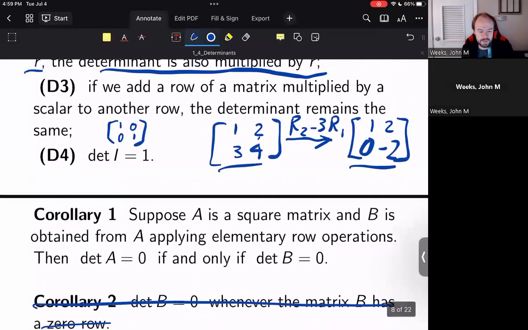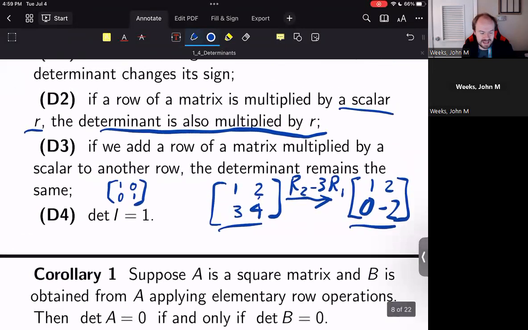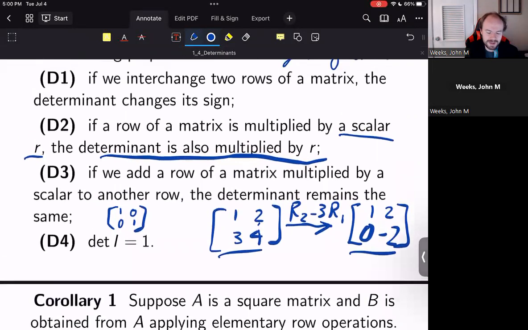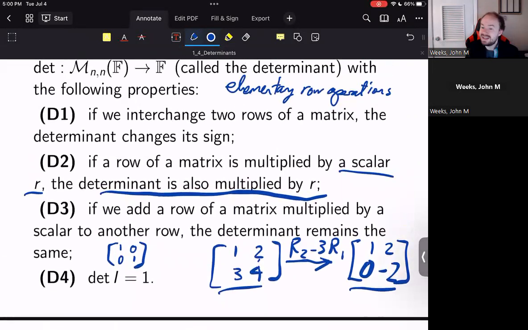Let's see why. What happens if, for example, B is obtained from A by applying elementary row operations, and B ends up having a determinant of 0? Maybe we get it to be an upper triangular matrix, and it's easy to determine that, something along those lines. So if we know the determinant of B is 0, what does doing elementary row operations do to the determinant? Does it ever make it 0 in its own right? No. D1 only changes its sign. If something's non-zero, it's going to stay non-zero.